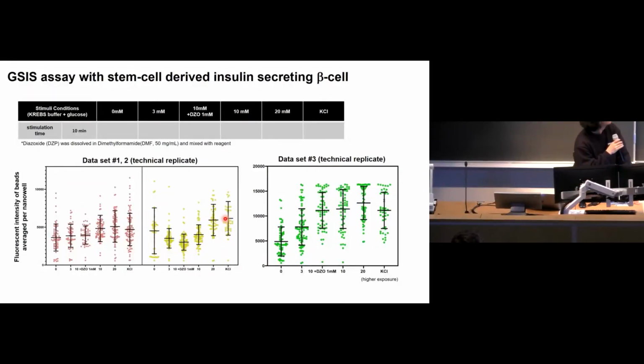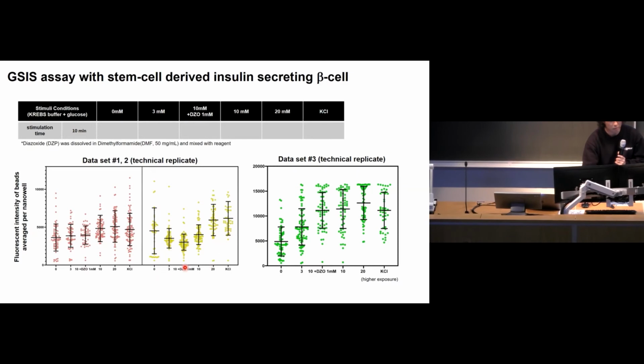This is a result I have recently got. All those flats are also, as I mentioned, one dot indicating 1 nanowell. One dot is just the average value per nanowell.